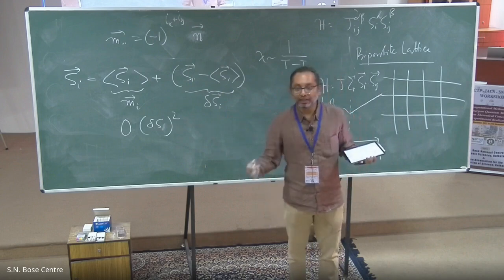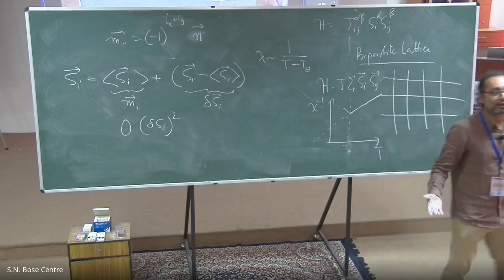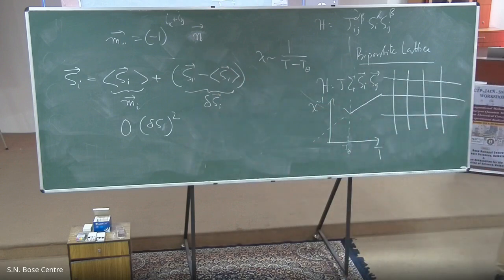One can ask, why did I choose this? It's because for this system I knew the answer, of course, but generically one would have to think about all kinds of order parameters and try to see which one wins energetically, which one is best. One can make this more sophisticated.